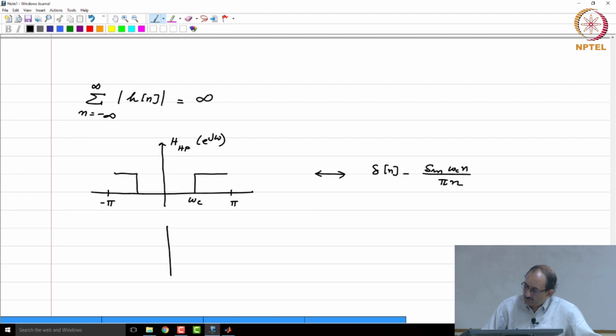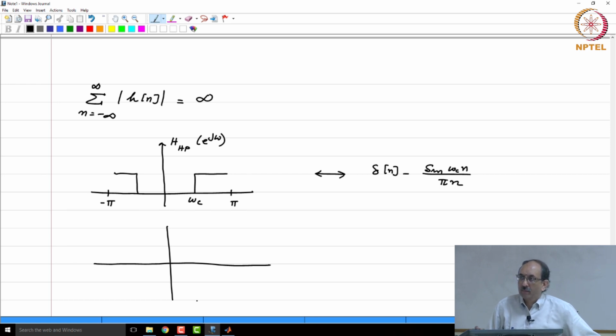And as an exercise, I want you to find the impulse response of an ideal differentiator. In the continuous time case, the frequency response of an ideal differentiator is j omega, right.